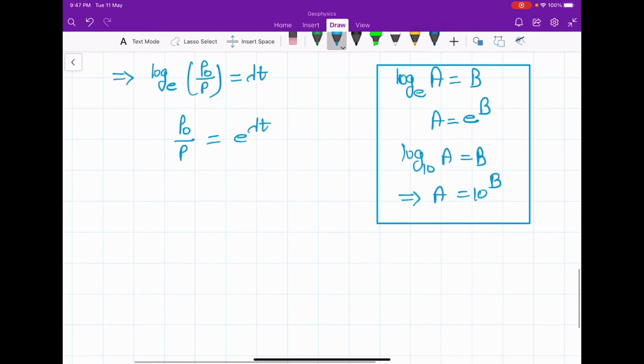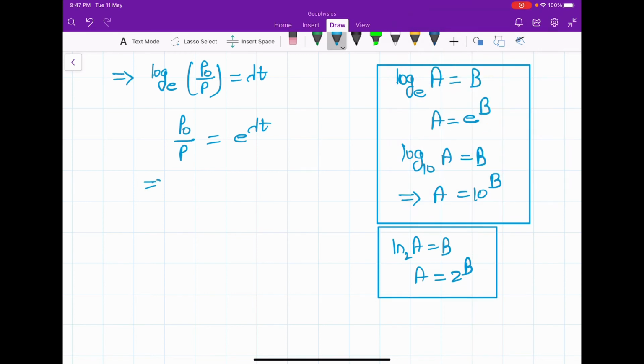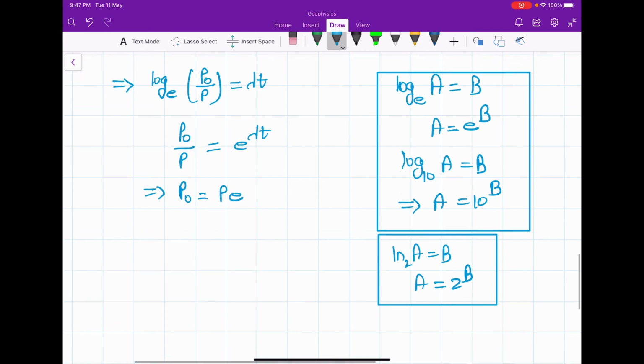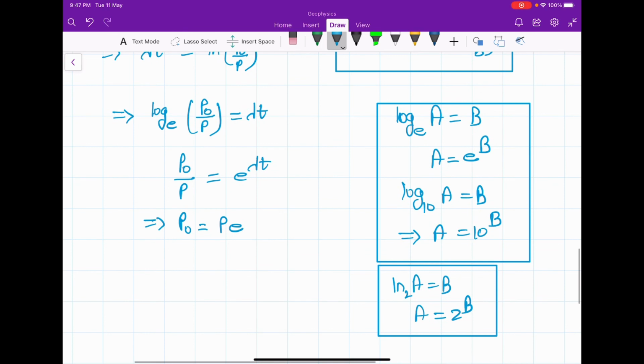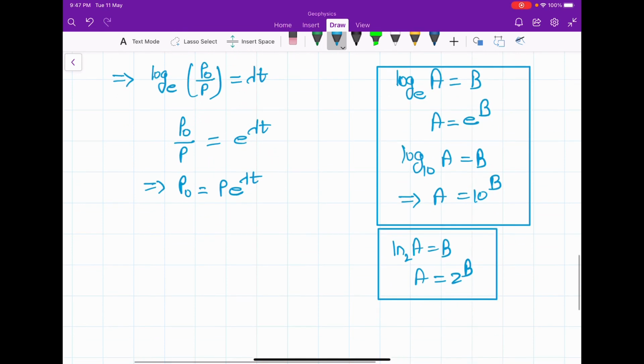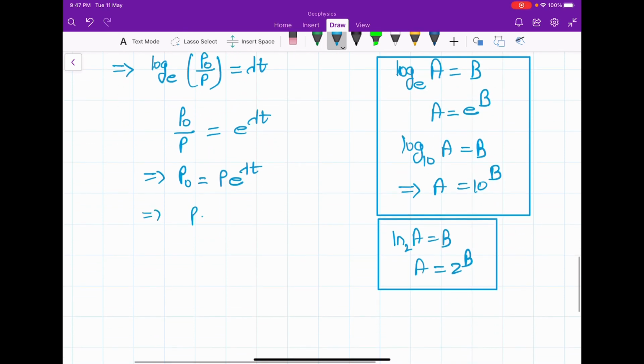If the base of the log is 2, the power will be 2 to the power b. So this will give P naught equals P e to the power lambda t, or we can say P equals P naught e to the power minus lambda t.